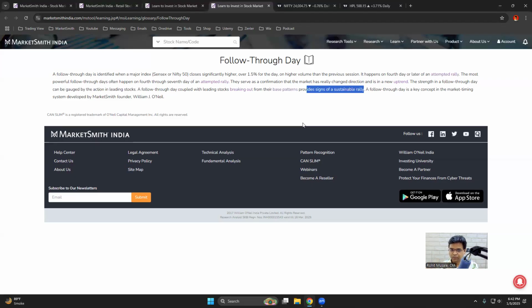Are they breaking out of the base? If leading stocks are setting up quite fast, if they are all breaking out from their base, this rally might sustain. If that does not happen, the market will again drop into a confirmed downtrend or a correction. And from that low, when three candles close consecutively above that low, that would be called an attempted rally.